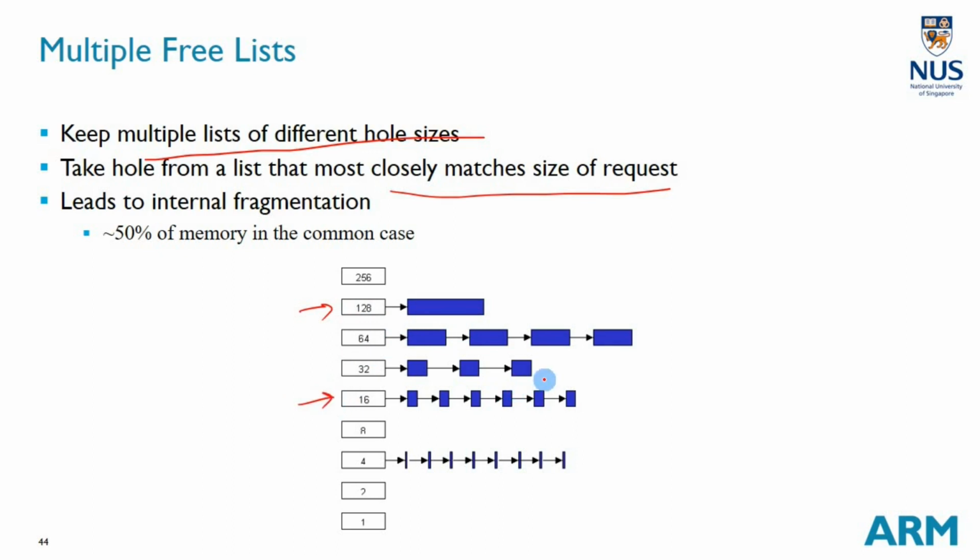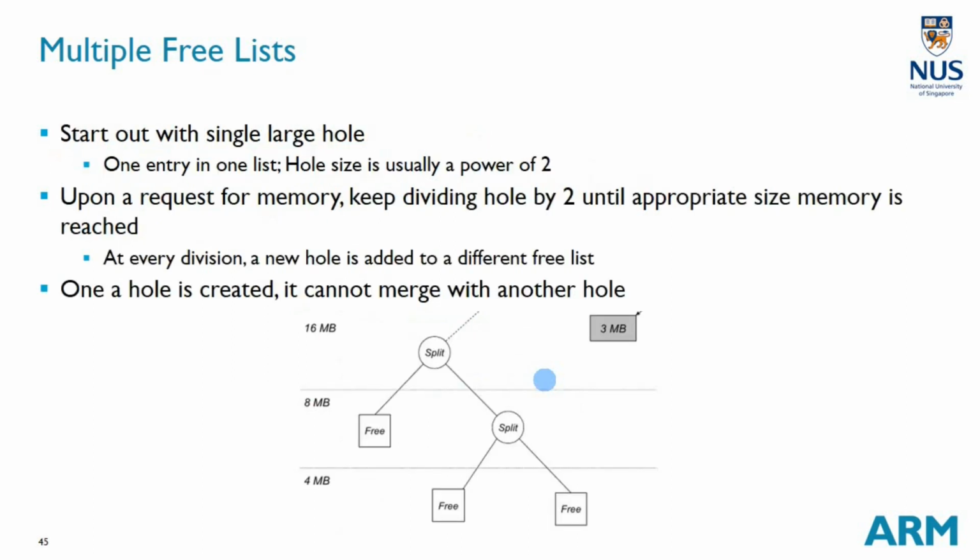When I want memory, I look at the list that closely matches the request that I want, and I take the free space from that particular list. That is also a good option, but it also leads to a lot of internal fragmentation.